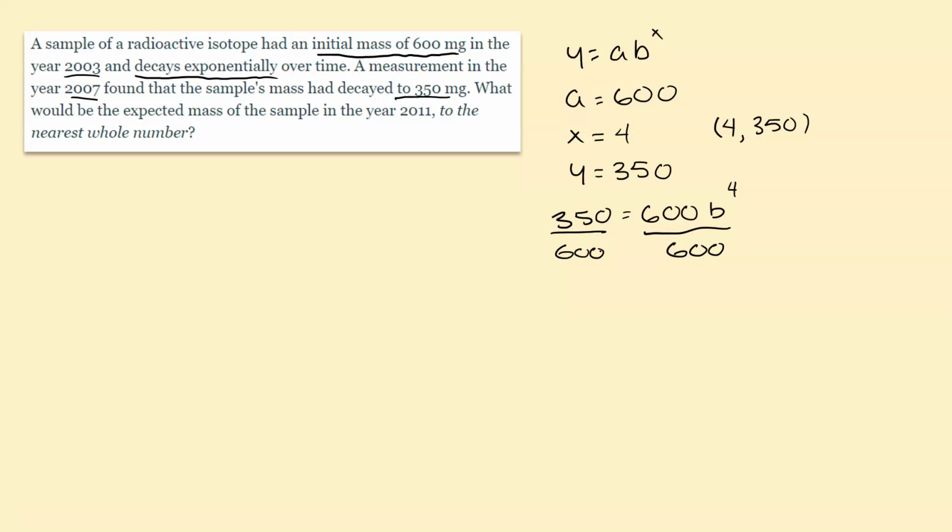So 350 divided by 600 is, I'm going to leave this as a fraction, 7 over 12, equals b to the 4th. So then to get rid of that exponent, I raise both sides to the 1/4 power.